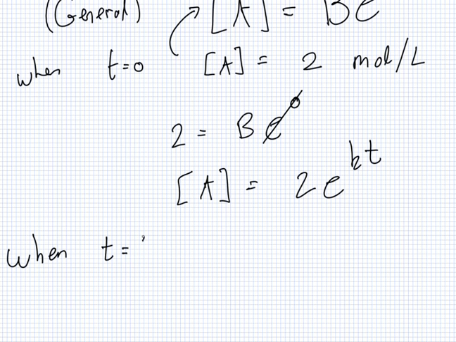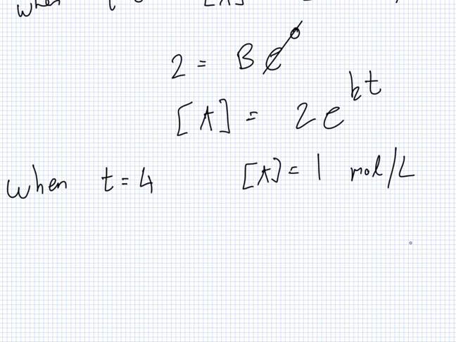Alright, let's just go with, let's say after 4 seconds the concentration is 1 mole per liter. Okay, so if I put this in now, I get 1 equals 2 e to the 4k.